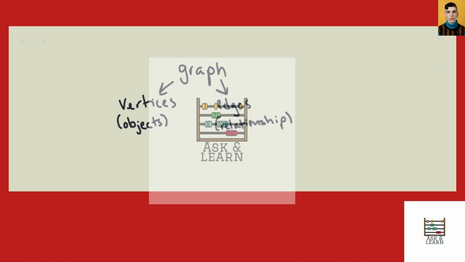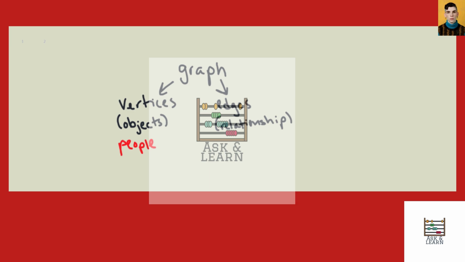In our example, we are trying to draw a graph that represents mathematicians and computer scientists who died before 1900. So I'm just going to call our vertices people, where it's understood that the people I'm talking about are mathematicians and computer scientists who died before 1900.